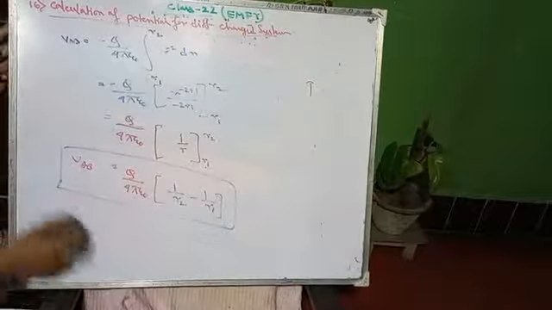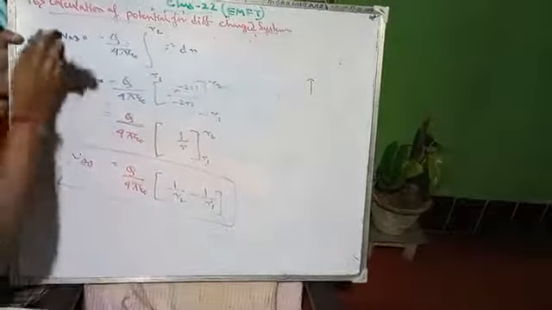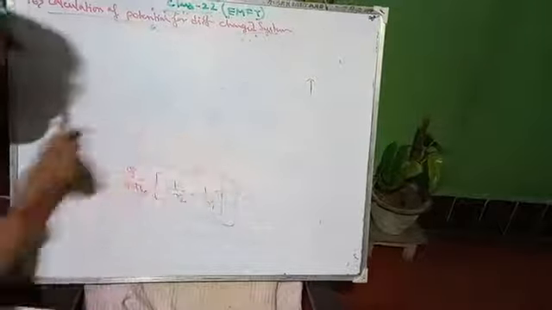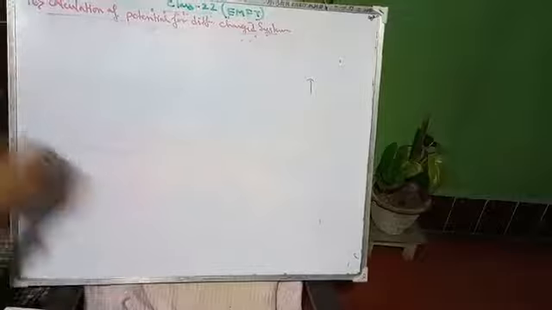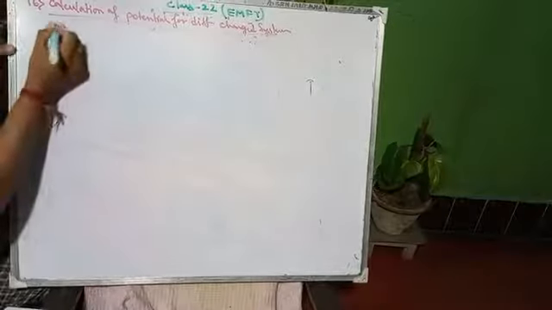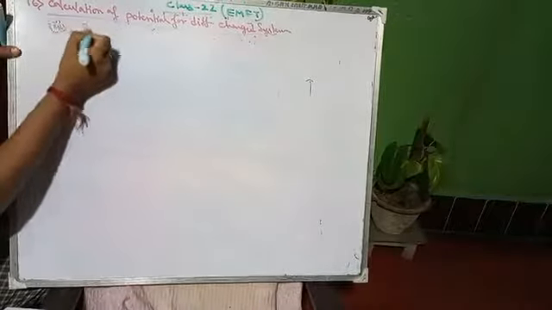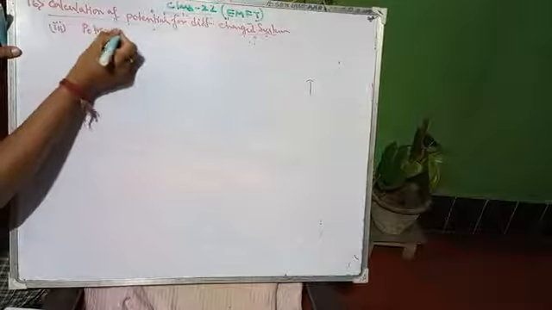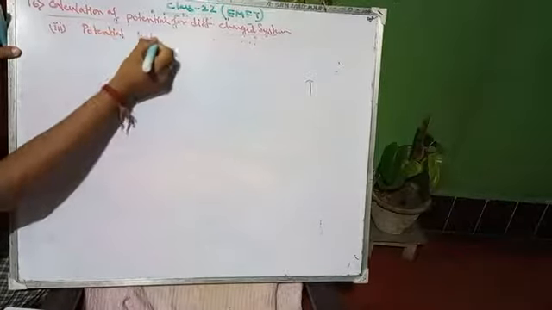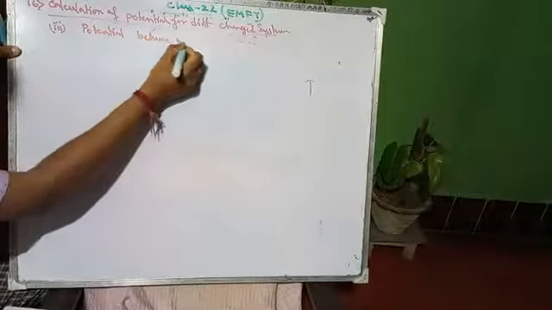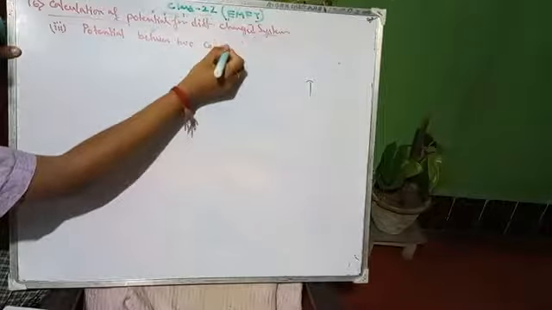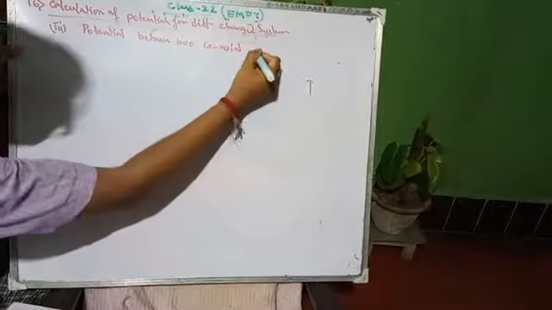And for the third one, write the potential between two coaxial cylinders.